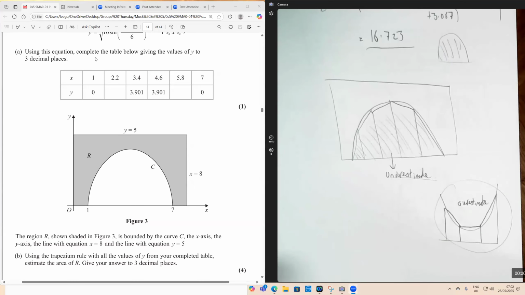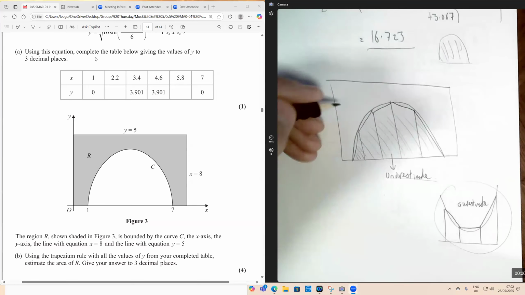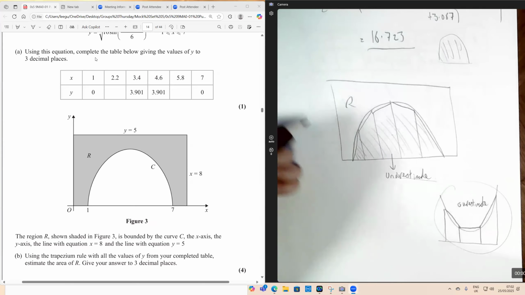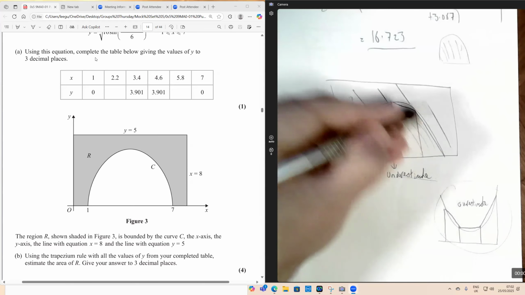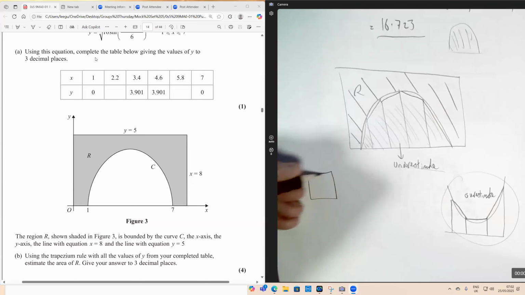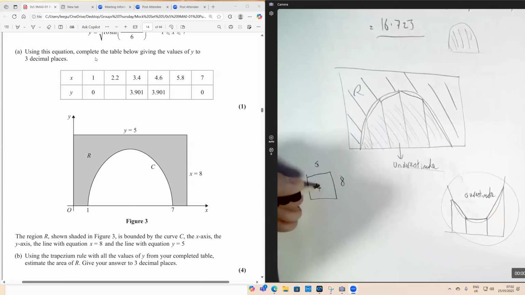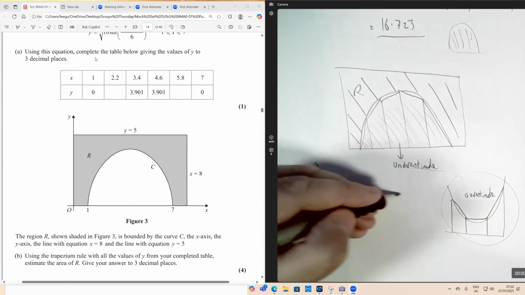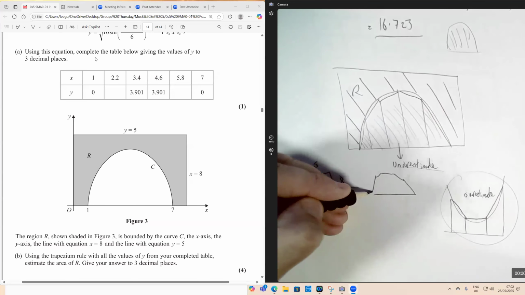Now, what's a little bit unusual about this question is they're not asking us to find the area under the curve. They're asking us to find R. They want to know what this area here is. So what we've got to do is work out the area of the rectangle, which is just 5 times 8, so the area of the rectangle is 40. Then we've got to subtract our approximation from that.